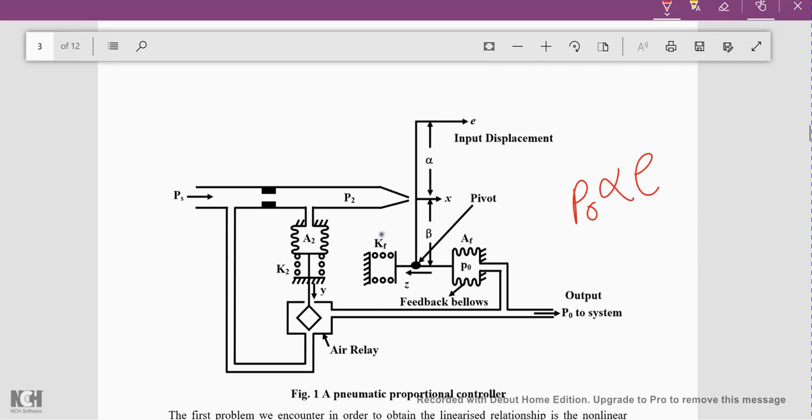Then we can convert those equations into simpler forms, thereby arriving at the final required expression, P naught is proportional to E.